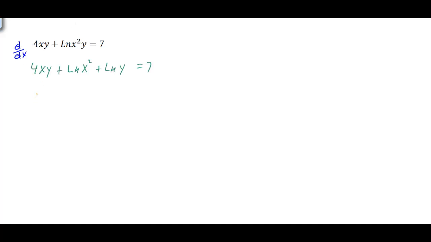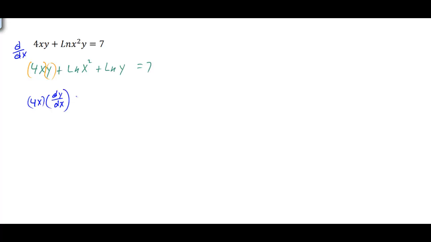Now for 4xy, we're going to have to use the product rule, and I'm going to group this as 4x multiplied by y. I'm going to group the 4 with the x, and that means the product rule says we're going to write the first term, which is 4x, multiplied by the derivative of the second term y, and the derivative of y would be 1, or simply 1 dy/dx.